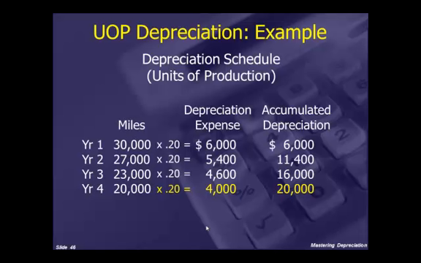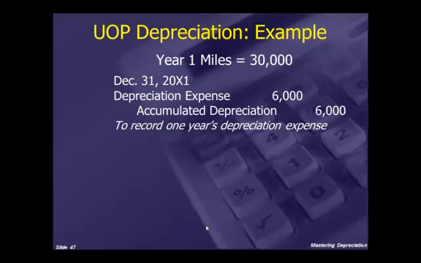Year 3 takes the 11,400 for the first 2 years and adds 4,600 for that third year. So $20,000 is the accumulated depreciation at year 4. That equals the depreciable base. So this asset now is fully depreciated.